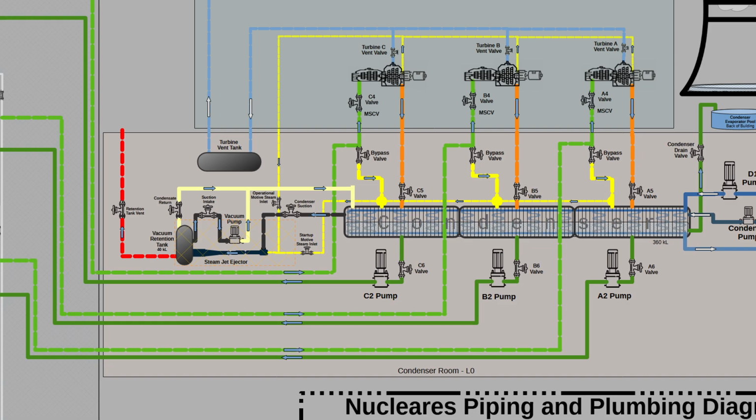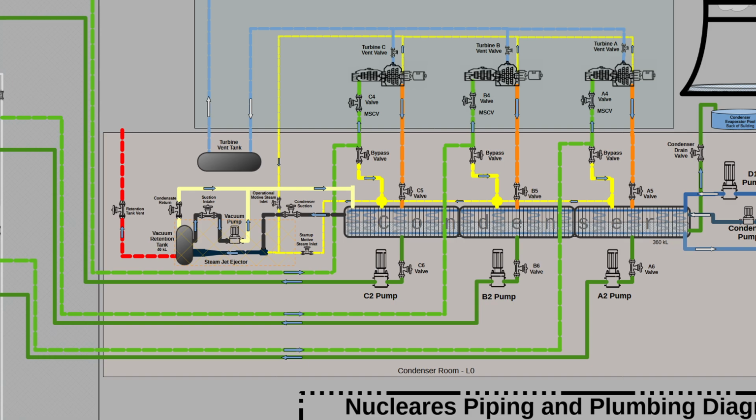So the steam comes out of the turbines A, B, and C. Then it travels down into the operational motive steam inlet, which then also has a junction to the startup motive steam inlet, which again goes into the steam injector.